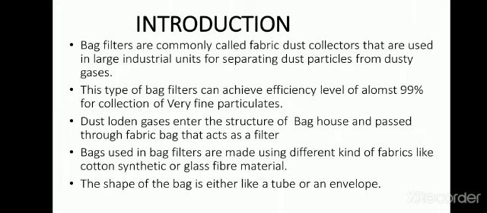Bags used in bag filters are made of different kinds of fabric like cotton, synthetic or glass fiber material. The shape of the bag is like a tube or an envelope, meaning flat, paper-like.